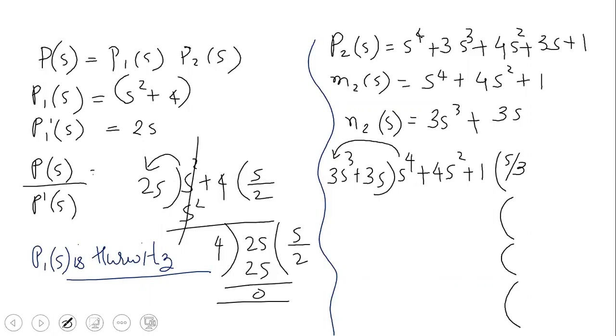Second quotient. Yes, that's correct. Third quotient. Yes, Rohan, that's correct. 3S by 2. And the last quotient.